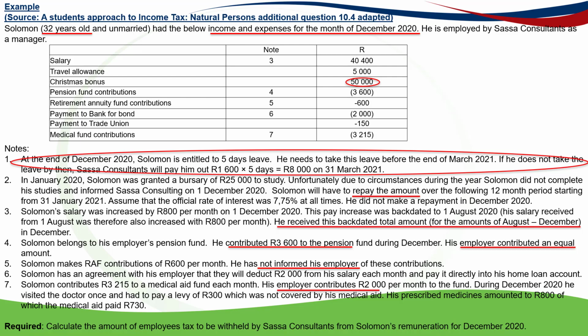So we will need to calculate the employee's tax on the monthly amounts, as well as the employee's tax on the annual amounts, including variable remuneration. And the sum of these two amounts will get us to the final figure of what is required, which will be the employee's tax for the specific month, which is December 2020.